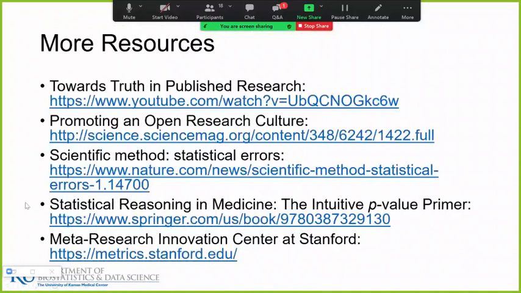I'm going to skip through that. Some more resources again when it comes to these topics. Just to reiterate, the example that I pulled today was from a very, very good, very short textbook. It's not even a textbook, it's a book called The Intuitive P-Value Primer.